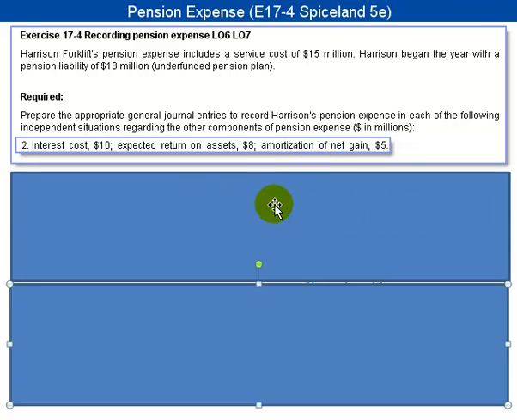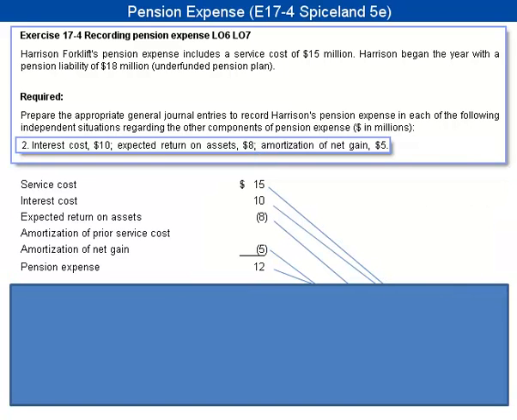When we slide this off, we can see that the service cost again is the $15 million plus the $10 million of the interest cost. Then we subtract out the expected return on assets of $8 million, and we also subtract out the amortization of the net gain to arrive at a pension expense of $12 million.